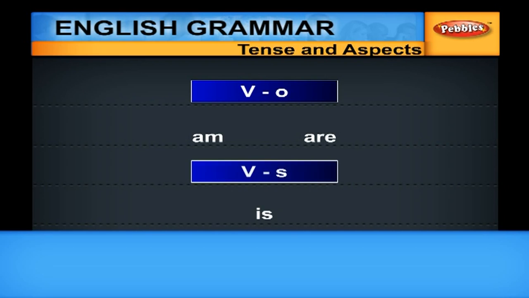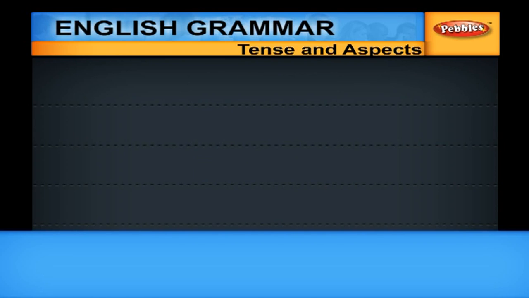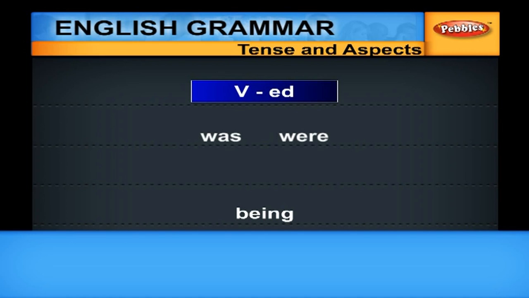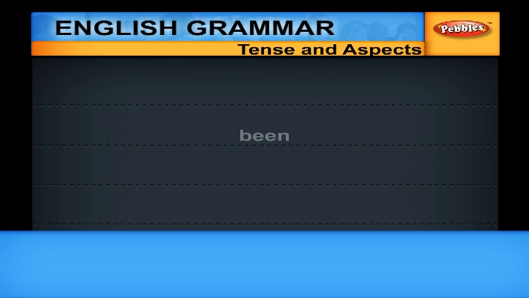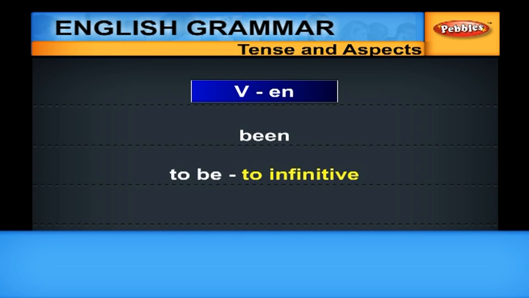Is, VS form. Was, were, VED form or past tense. Being, VING present participle. Been, VEN past participle. To be, to infinitive. Be, bare infinitive.